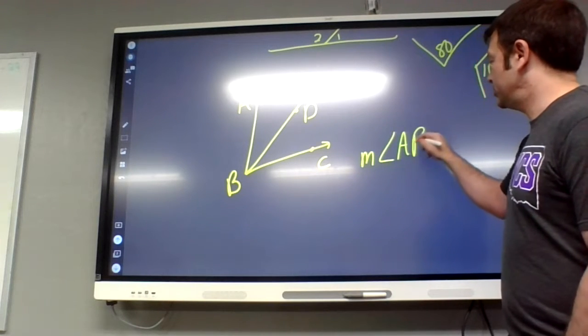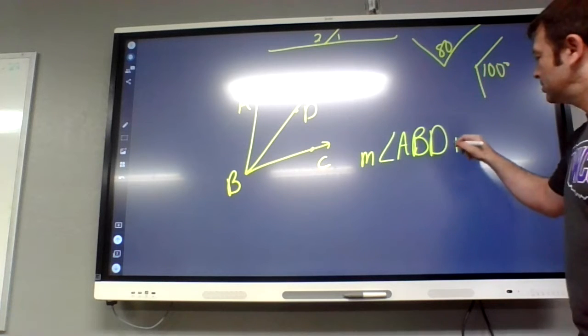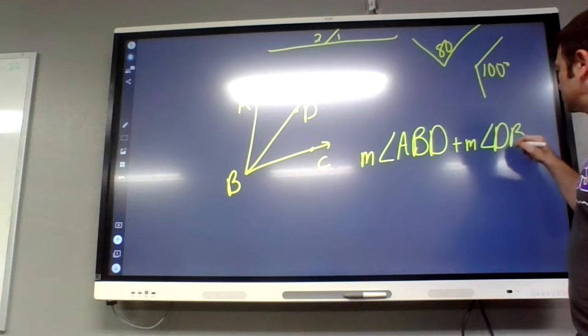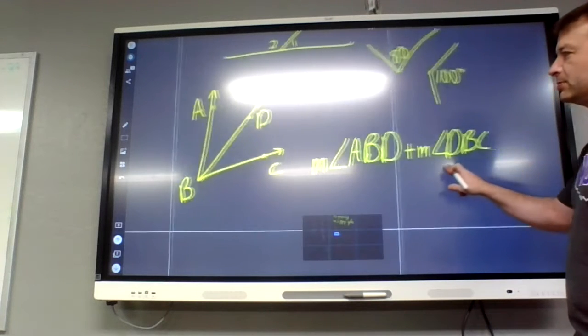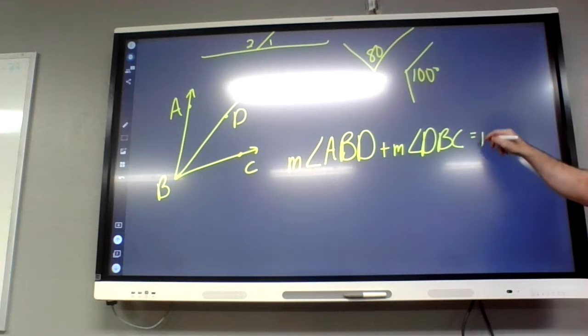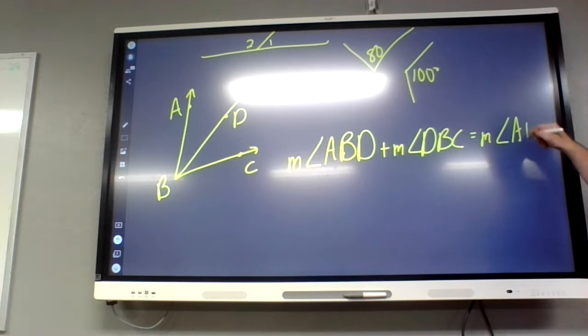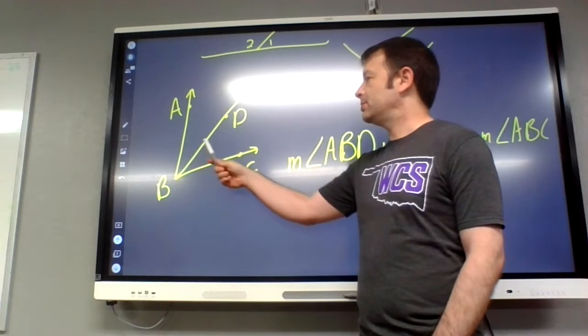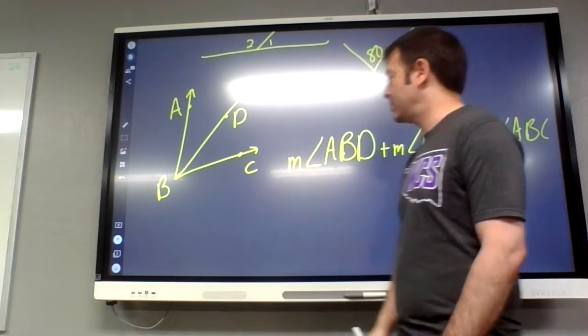The measure of angle ABD plus the measure of angle DBC. What do you think that's going to equal? Right, equals the big angle. So when you have two adjacent angles, the little angles add up to the big angle, right?